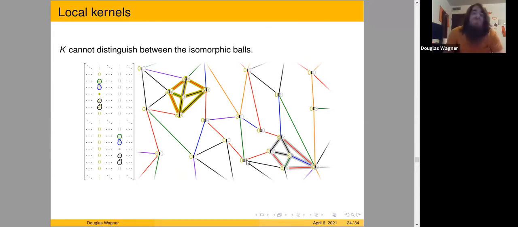So K is very local. It only looks at these balls. That's all it knows. And there's only finitely many of these balls.